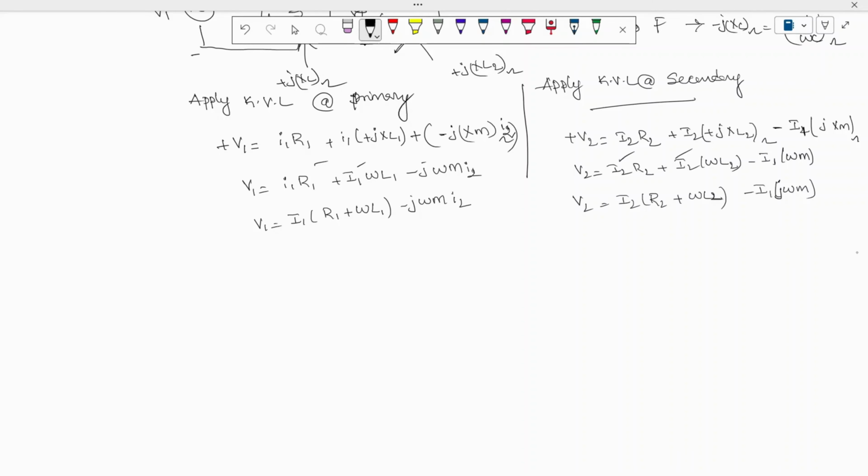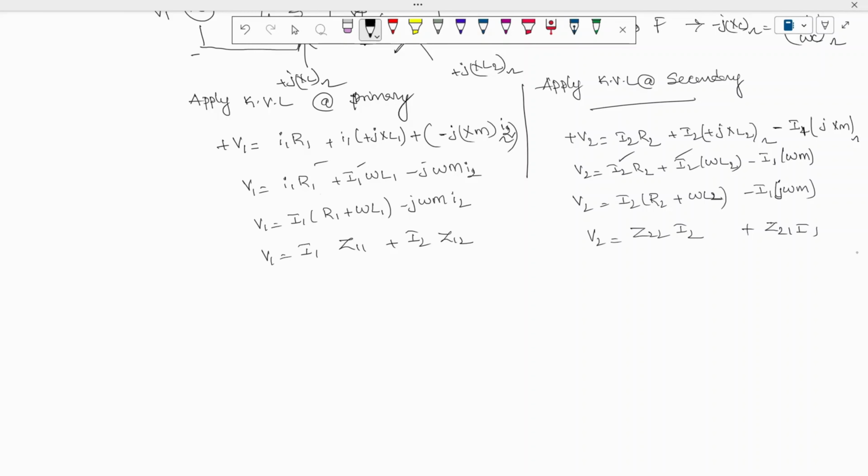So when you write in a standard format, you can write in matrix form. V1 is equal to Z11 I1 plus Z12 I2, and V2 is equal to Z21 I1 plus Z22 I2.